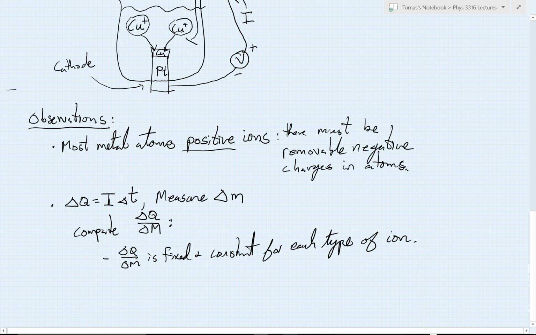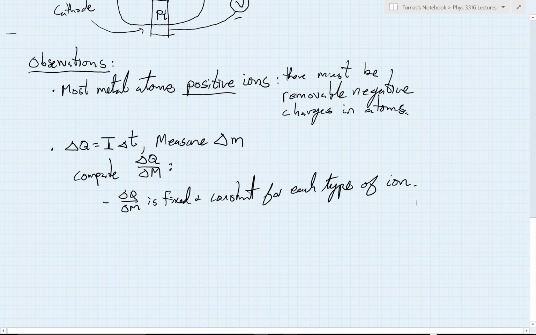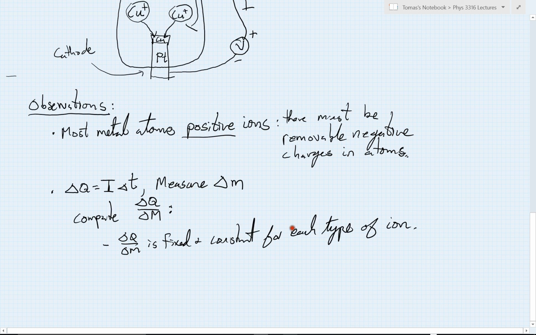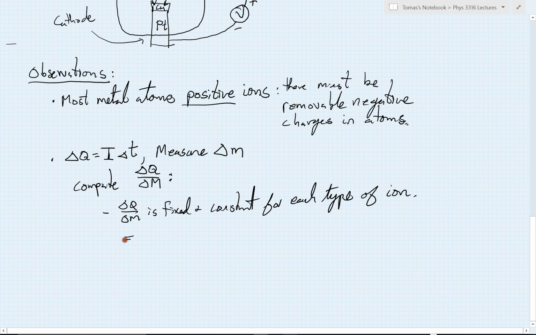Right, now I'm simplifying the electrochemistry here. You can also get doubly charged ions and so forth. But just putting that aside, this very fixed value, no matter how you do the experiment, tells you that there's a specific property of these atoms, which tells us that the removable negative parts come in discrete packets, or discrete amounts.